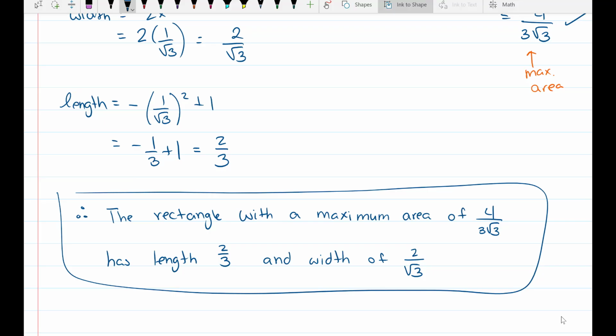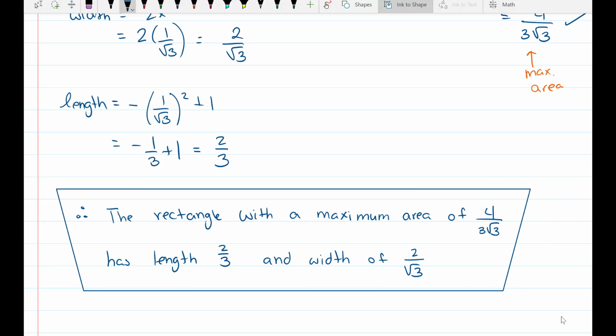And there's your answer. Because I didn't put units, you don't have to write the units. And that's it. That's how you optimize a shape underneath a curve.